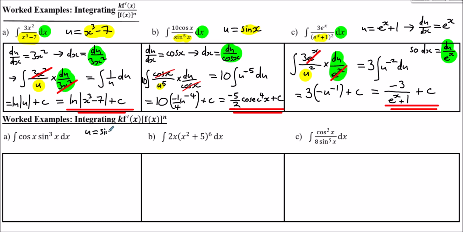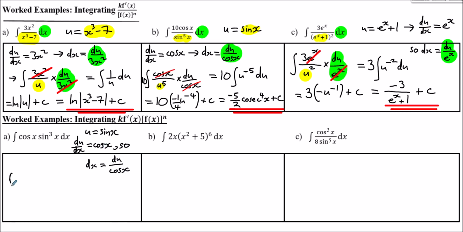If u is sine x, I can differentiate u with respect to x. Sine differentiates to cos, so therefore dx, I can rearrange and get it's the same as du all over cosine x.